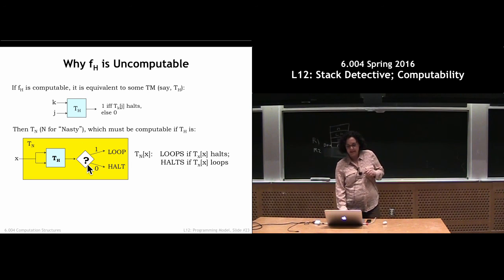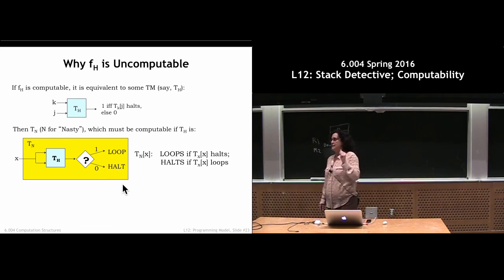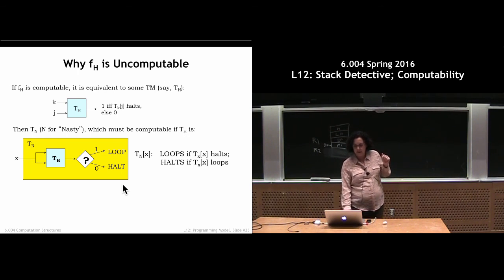If the output is a 0, I want it to halt. So in other words, I want it to do exactly the opposite of what T of H did. Okay? So if I actually have a computable machine, T of H, which can produce a 1 if T of k halts and a 0 otherwise, then it should be fairly easy for me to produce this machine, which just does the opposite.